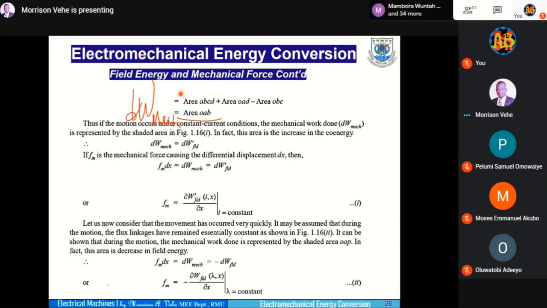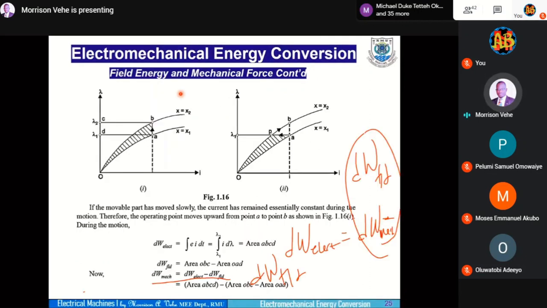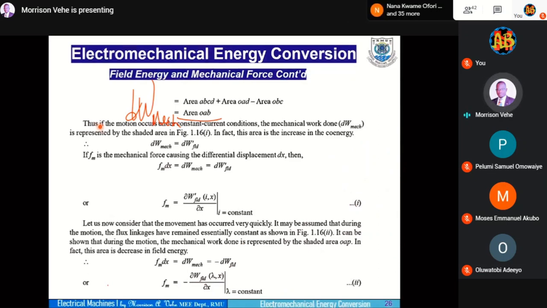If Fm is the mechanical force causing the differential displacement dx, from A to B, and on the lambda axis lambda 1 to lambda 2, then we can talk about that differential displacement in terms of the mechanical force to be equal to this.